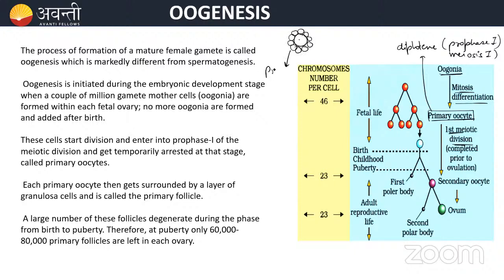This is known as the primary follicle. At puberty, a female has only 60,000 to 80,000 primary follicles. The rest degenerate during the phase from birth to puberty.